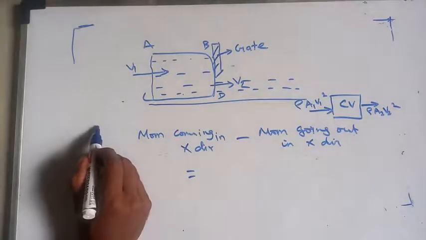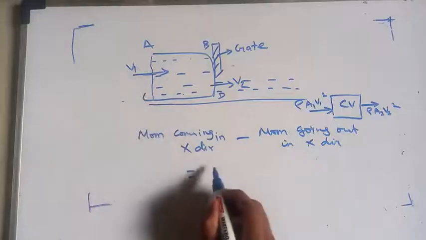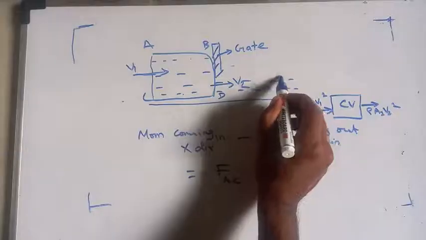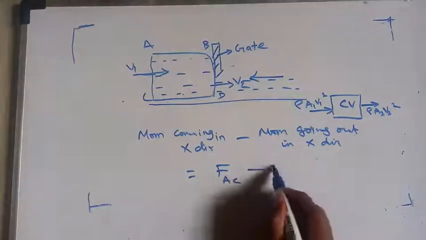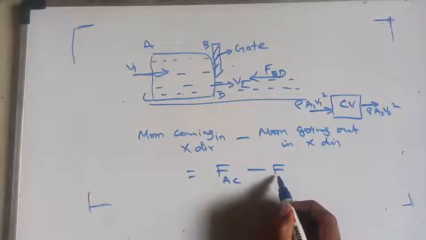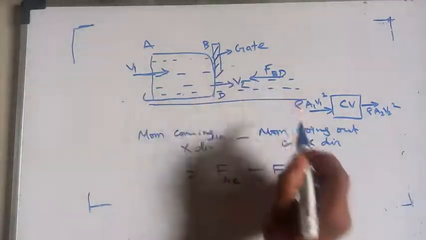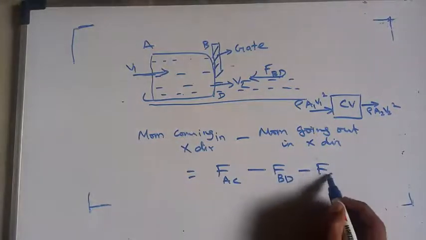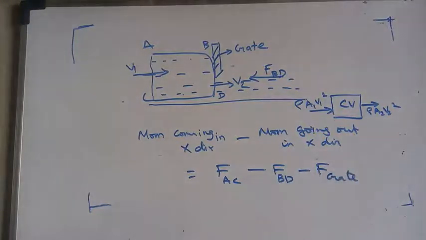For example, here the external force at AC, then here the external force at BD acts in the opposite direction, so minus F of BD. Then this gate force also acts in the negative x direction, so minus F of gate. This is the momentum equation.